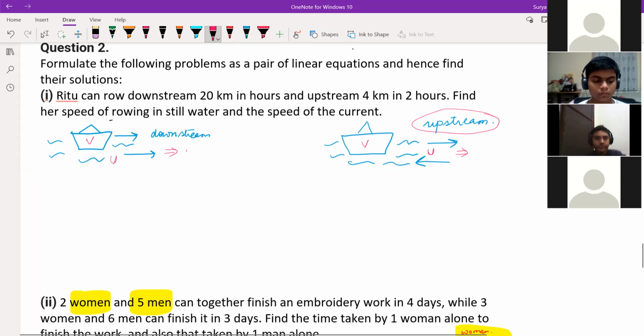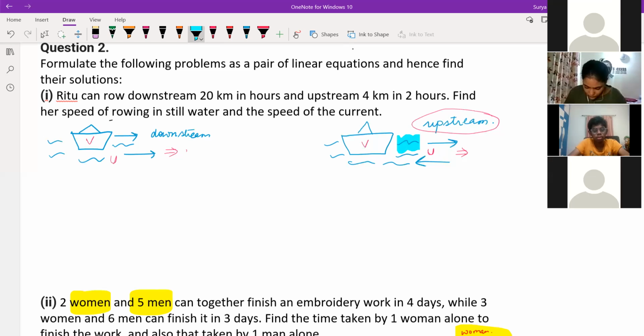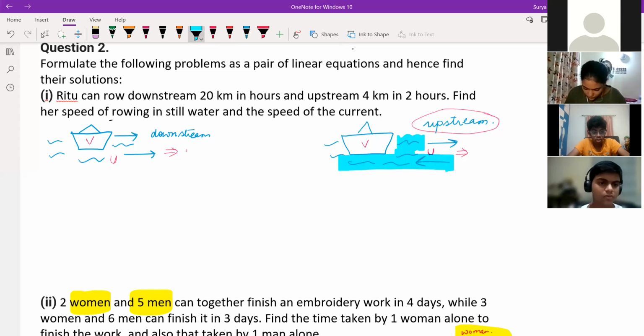If the water is moving in this direction, then your boat is moving opposite. So in the first case, what is the speed? Both will get added up, right, children? The speed of the boat and the speed of the stream will get added up in case of downstream, correct?